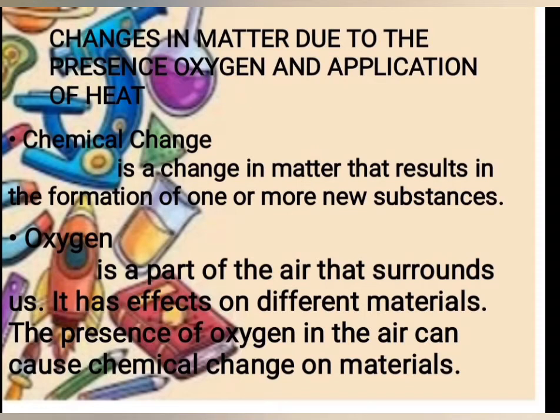Rusting of iron is another chemical change brought about by the action of oxygen from the air on the iron metal. Some materials can also change even under the condition of lack of oxygen.